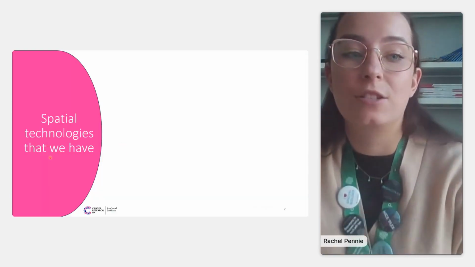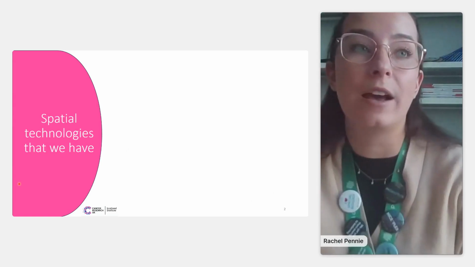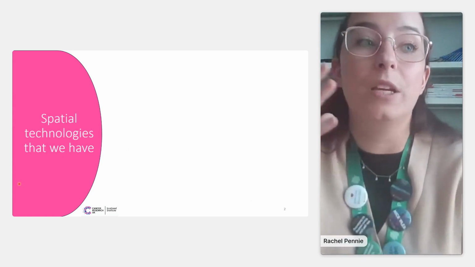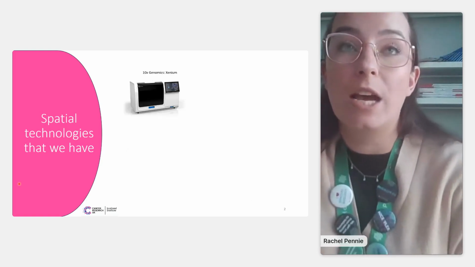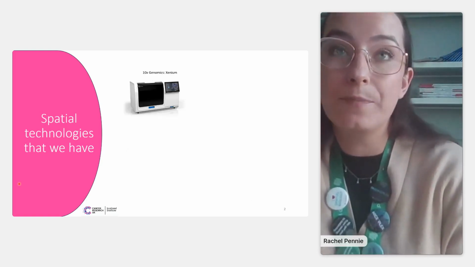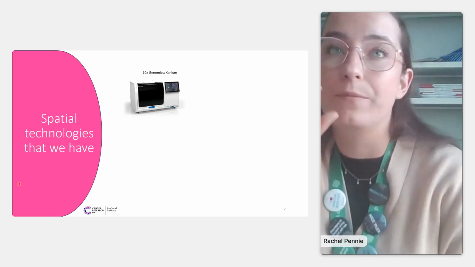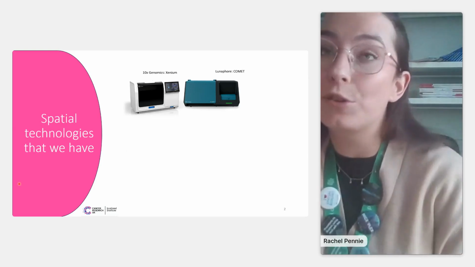But first, just a brief overview on some of the spatial technologies that we have. Some we use Visiopharm to analyse, and some we haven't tested out yet. So we have the 10x Genomics Xenium, which can do up to 5,000 RNA. We don't have the Lunaphore COMET yet.